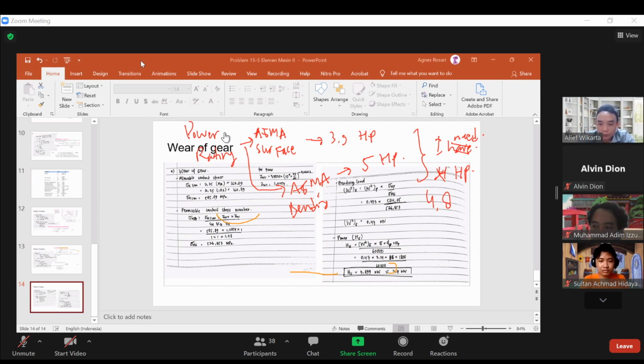So we have to reduce our need, or we have to increase the power rating from AGMA surface by modifying the materials or the geometry, the face width, and also changing the materials, maybe the hardness or the material types, and then it will be higher. Maybe going up to 5, then we can use this 4.8 horsepower.